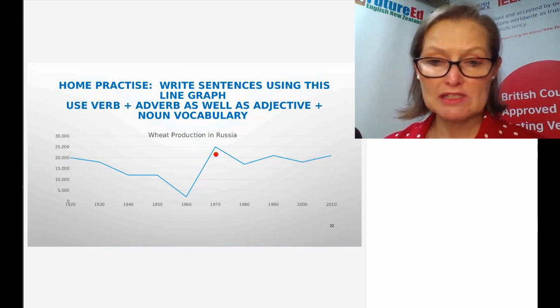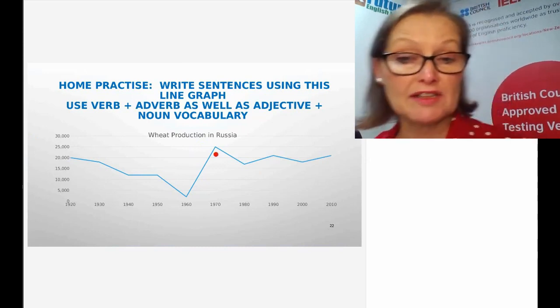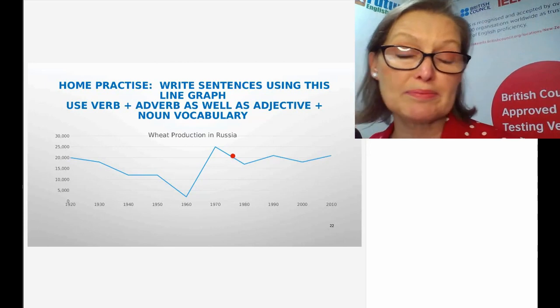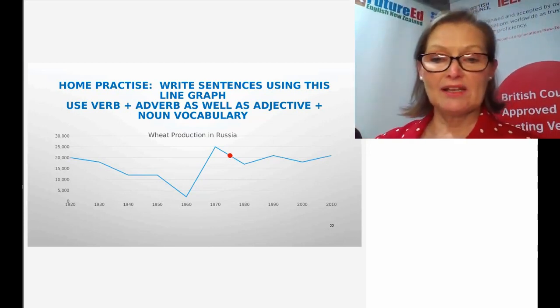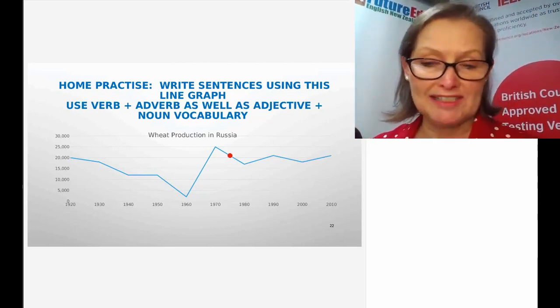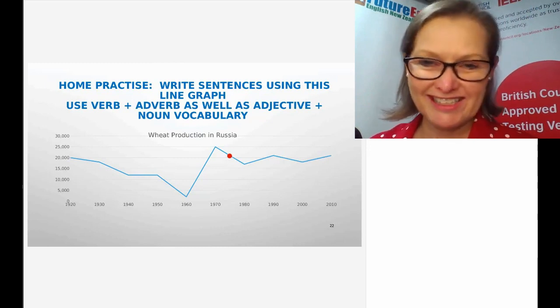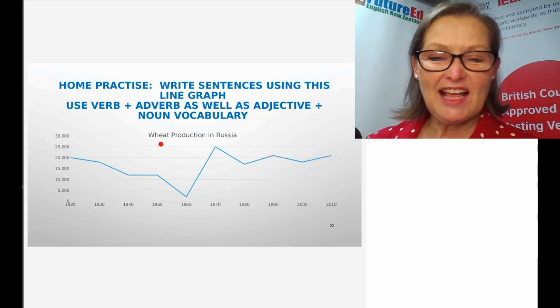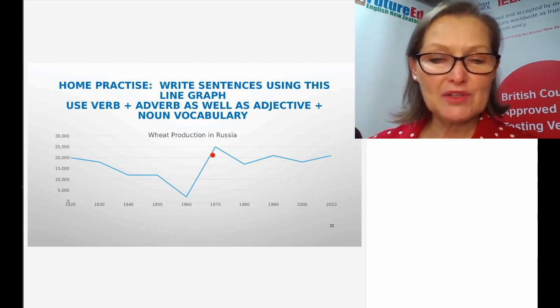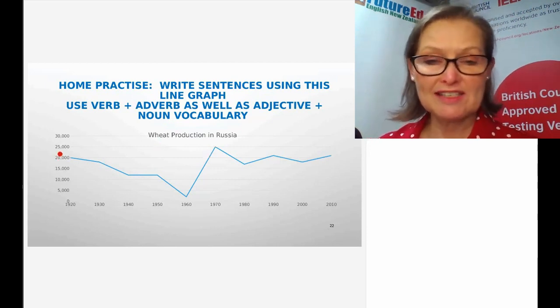And of course, I've given you a slightly different topic. Notice that this time it's wheat production. And this one is going to be uncountable, isn't it? We don't talk about one production, two productions, three productions. So I want you to think about how you're going to vary your topic sentence.